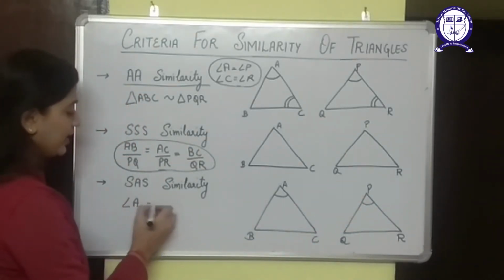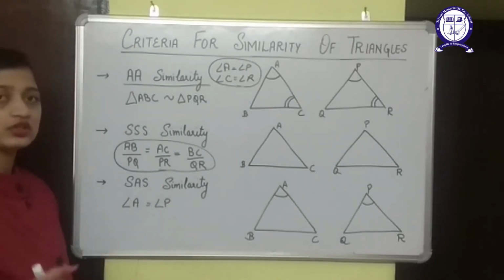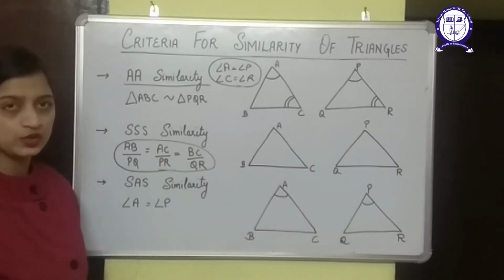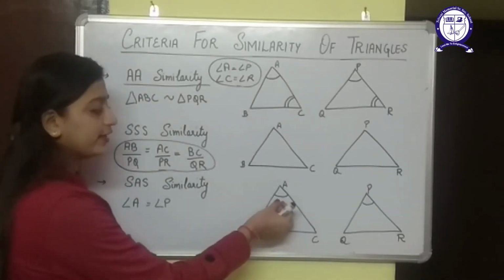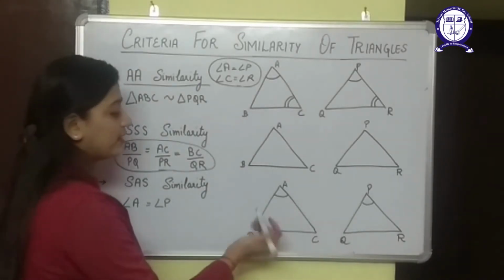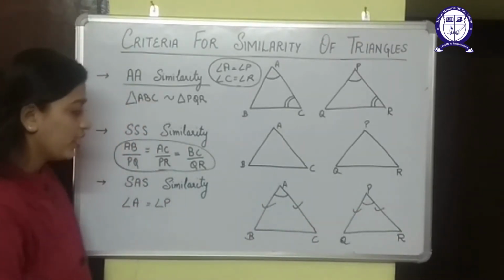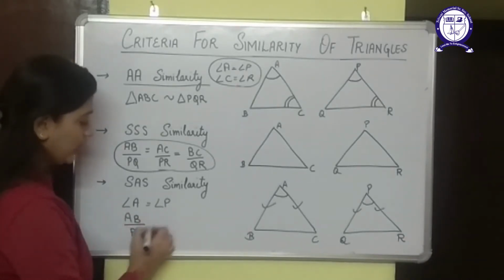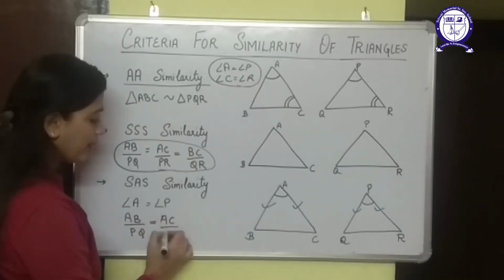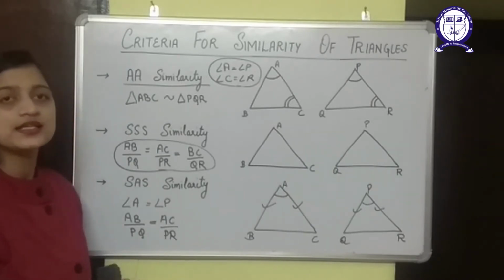So I am taking angle A equals angle P. And secondly, if we have the proportion of 2 sides equal to each other, but the sides should be such that they contain the angle in the middle, that is, this side and this side. So if AB upon PQ is equal to AC upon PR, then this is the side angle side similarity, and we will say that the triangles are similar to each other.